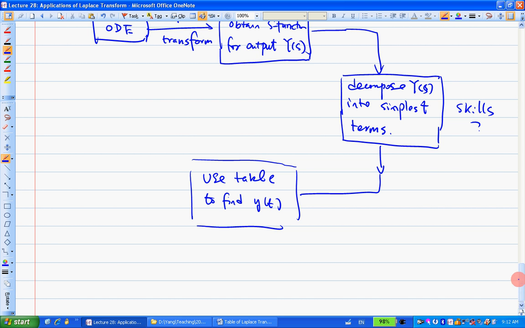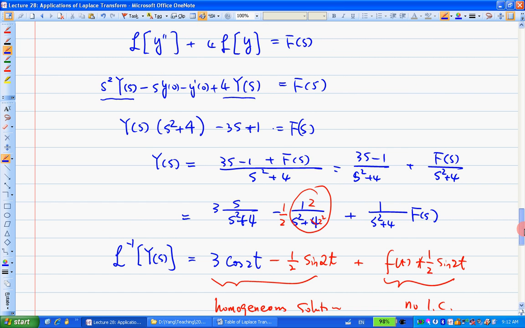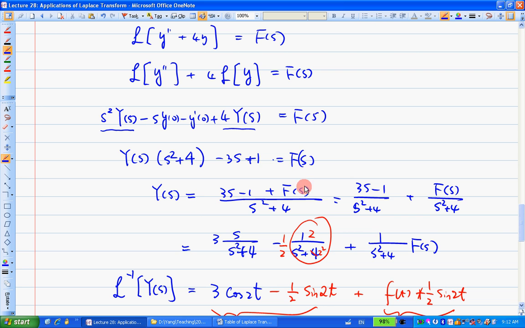Okay. So now let's take a look at a couple of cases here. But before we do that, I want to talk about one simple concept. For a typical Y of s, in the end, you try to obtain an s function for Y of s.